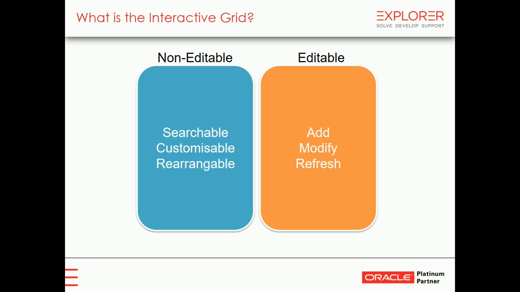You can customize the interactive grid. You can highlight rows. You can have alternate reports. You can use the new charting functionality. So you've got access to the new JET charts, where previously and in fact currently in Apex 5.1.1 interactive reports still use the AnyChart charting technology.